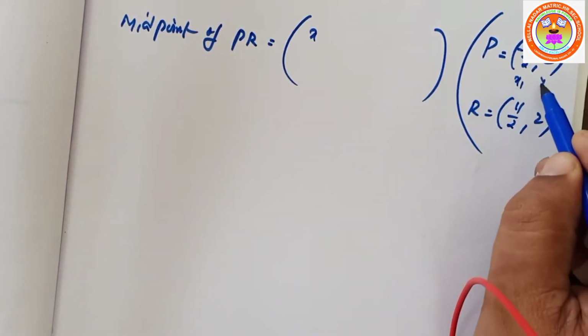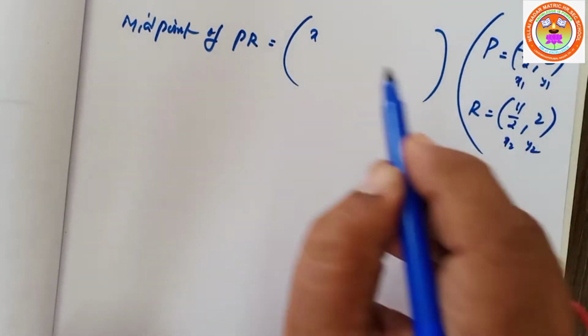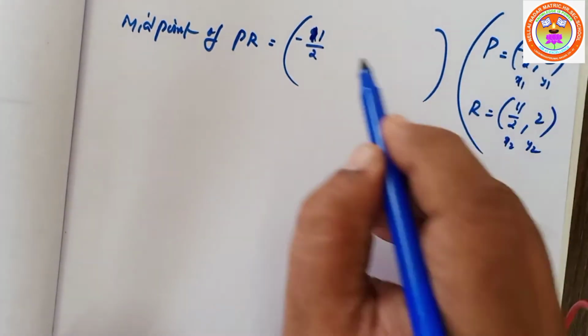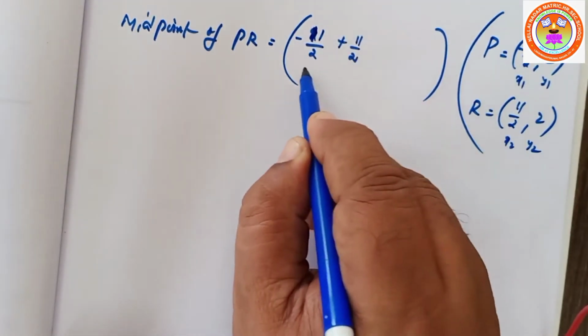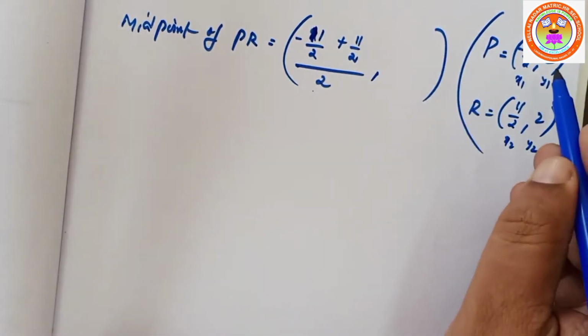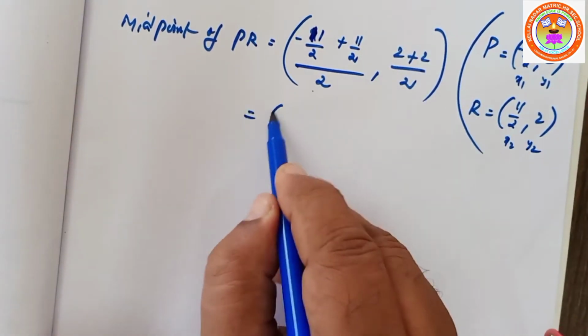This is x1 y1 x2 y2. x1 plus x2 by 2 is -11 by 2 plus 11 by 2 divided by 2, and y1 plus y2 by 2 is 2 plus 2 divided by 2.